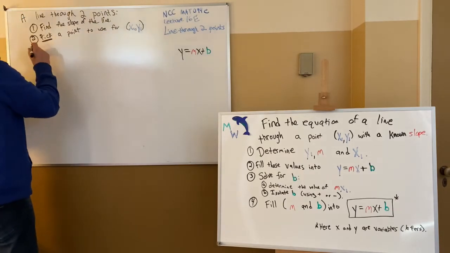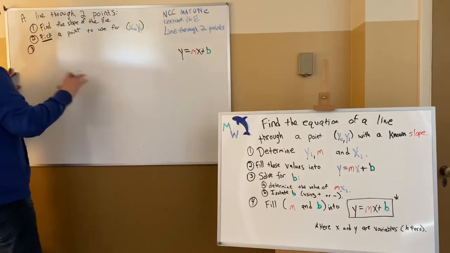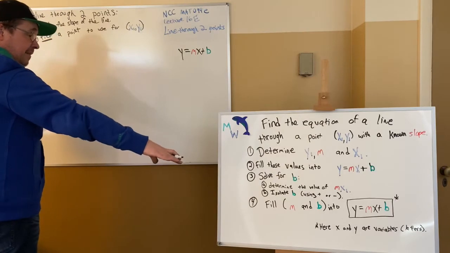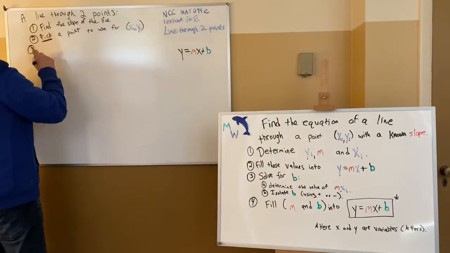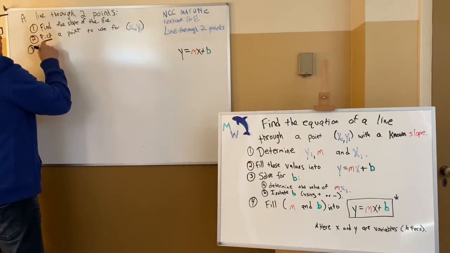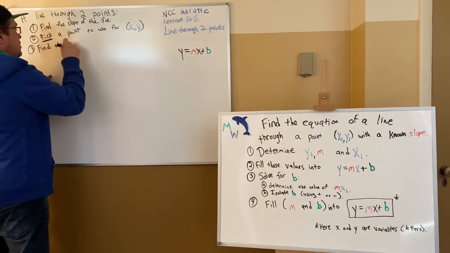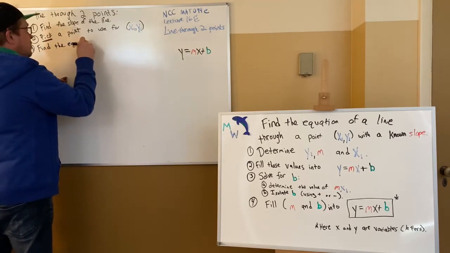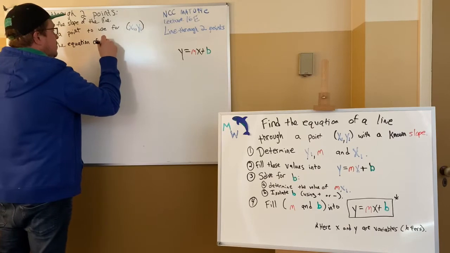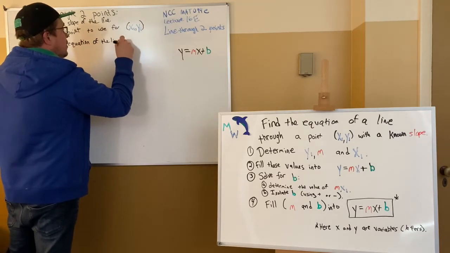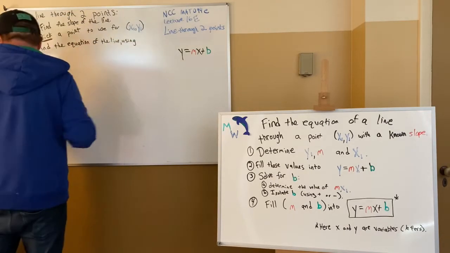So then you're going to, number 3 is a bunch of steps, like that. Find the equation of the line using the 3 things that we used before.